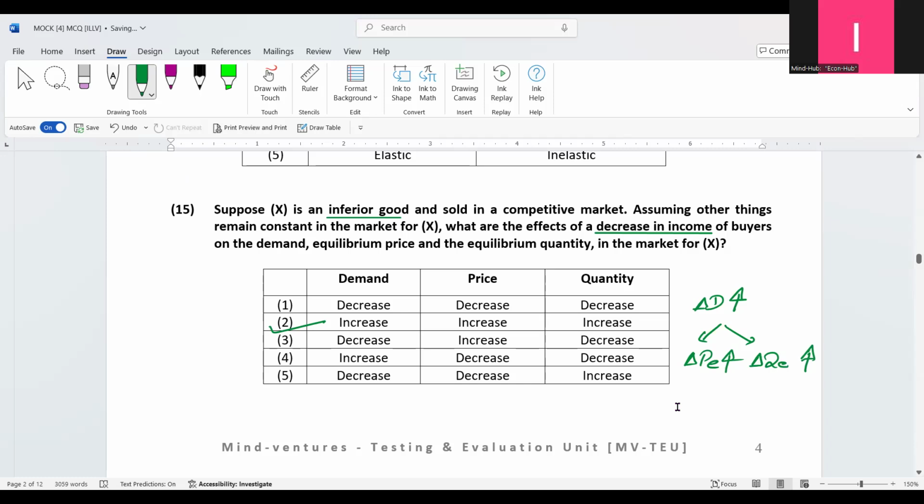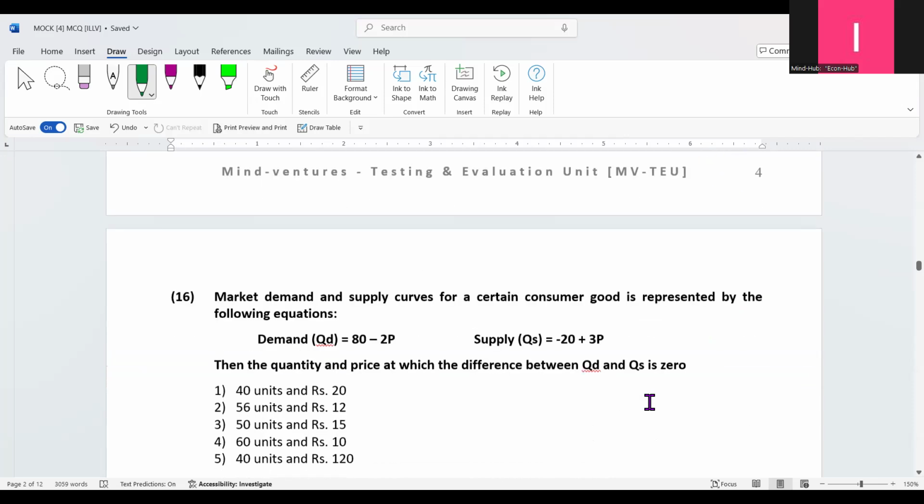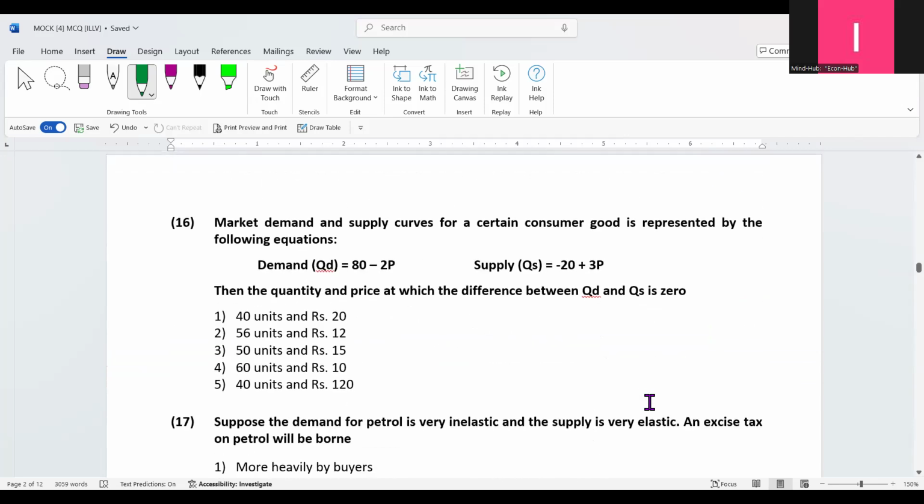Change in market demand has a positive relationship with equilibrium price and quantity. Change in market supply has a negative relationship with price and positive relationship with quantity. How we made it simple, in the tool that you learned during the MCQ workshop, was demand and equilibrium price positive relationship, supply and equilibrium price negative relationship. Then demand and supply with quantity positive relationship. Question 16.